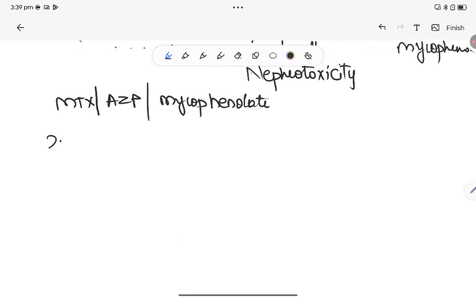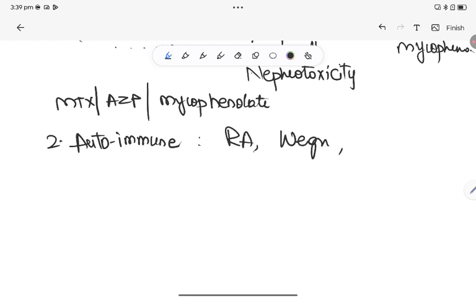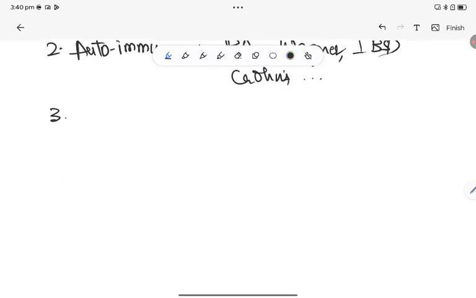Now, obviously, all autoimmune disorders like rheumatoid arthritis, Wegener's, IBD, Crohn's, and so on and so forth. One very specific indication of immunosuppressants is drug-eluting stents.